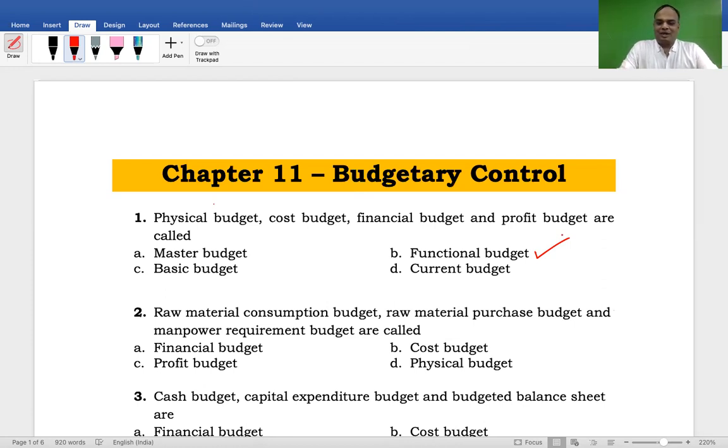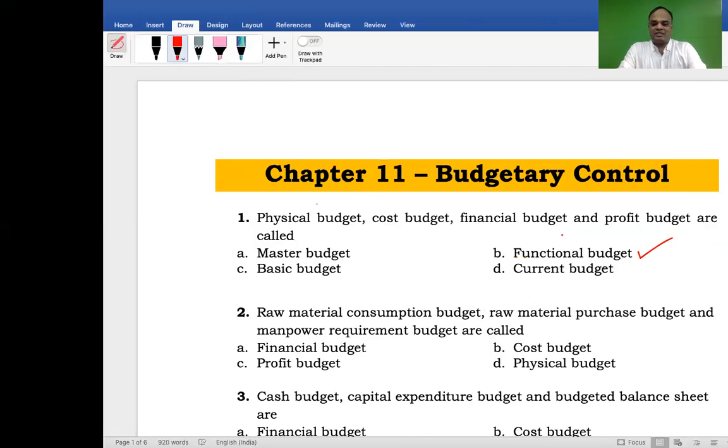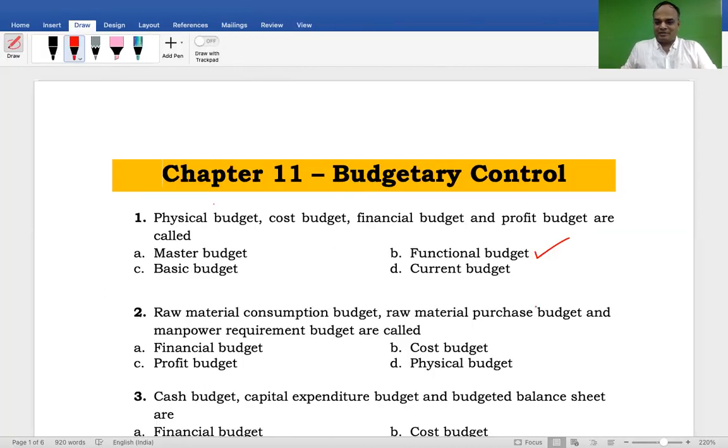Raw material consumption, raw material purchase budget, and manpower requirement budgets are called financial budget, cost budget, profit budget, and physical budget. Physical budget. Very good.